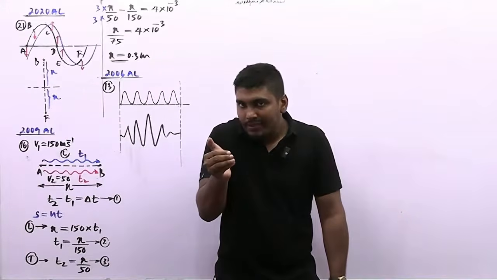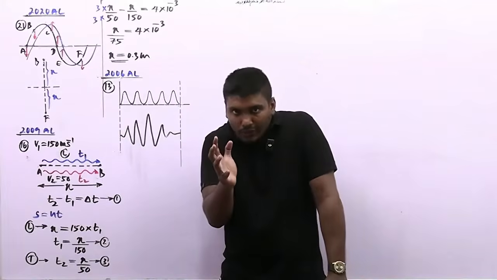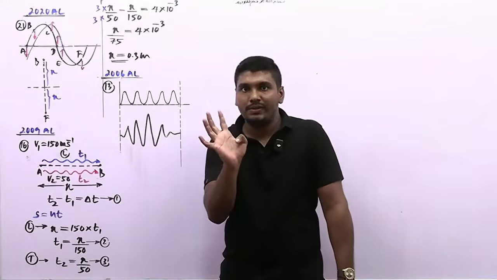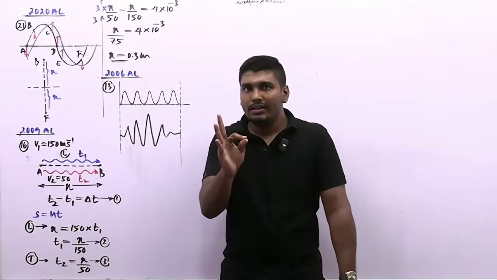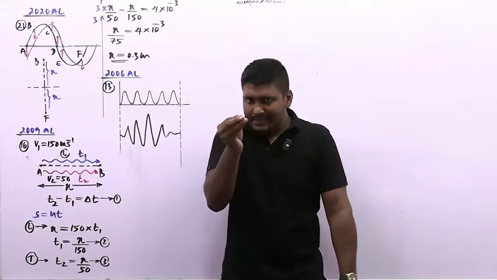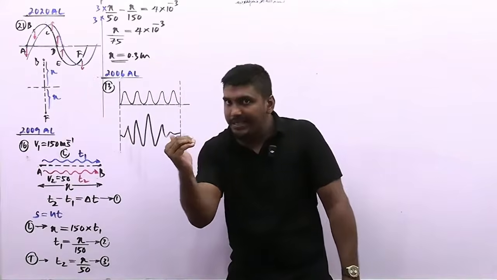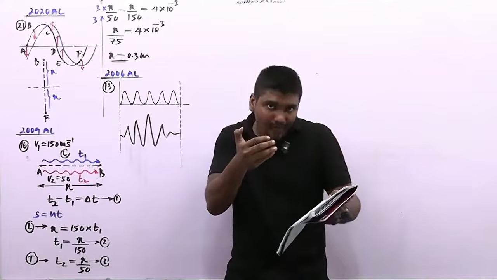The other sound has a frequency more than 50. We know it's very close to 50, but we don't know the exact frequency of the second sound. That's what we want to find.